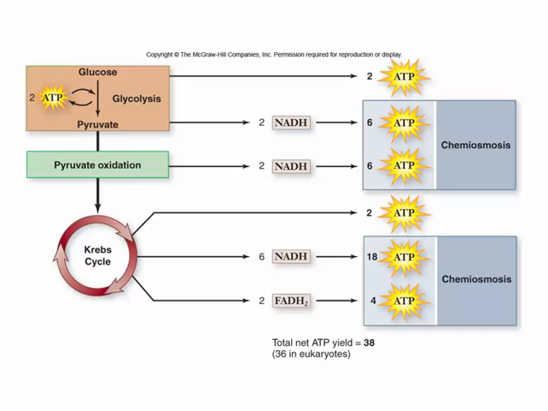All right. So here's where we get all our ATP throughout this breakdown of a sugar. How much do we get? We get a little bit from the citric acid cycle or Krebs cycle in glucose. And most of it comes from that last step, chemiosmosis, from those high energy electrons feeding into the electron transport chain.